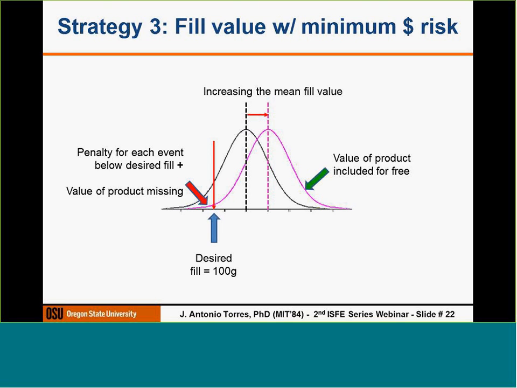That is the penalty value that I need to have. And that I'm below the 100 gram setting, all this is money paid off, but I'm not giving them the 100 grams. The product is missing.